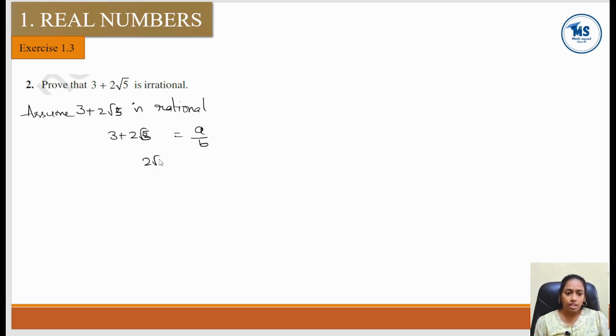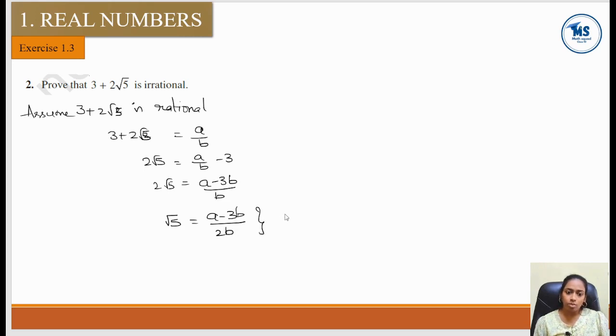I will take 3 to that side, then a by b minus 3, then taking LCM, a minus 3b by b. 2 root 5 is equal to a minus 3b by b, so root 5 is equal to a minus 3b by 2b. I have taken 2 also to that side.